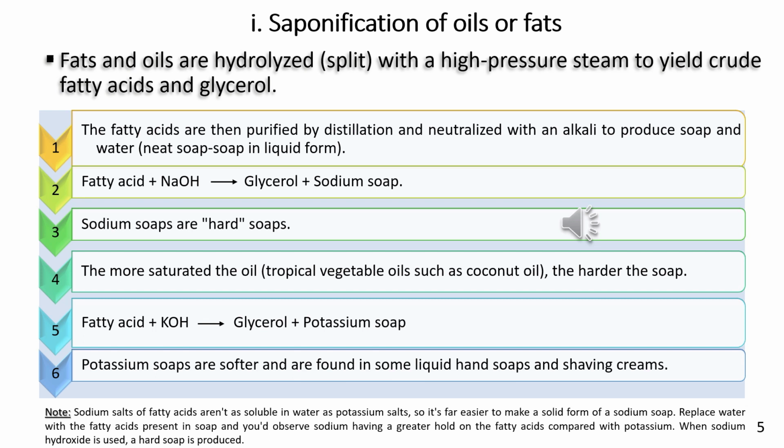Number 6 is potassium soaps are softer and are found in some liquid hand soaps and shaving creams. So when you compare sodium soap with potassium soap, potassium soaps are softer, and they are found in products such as liquid hand soaps and shaving creams.